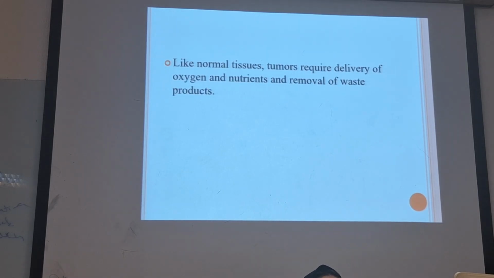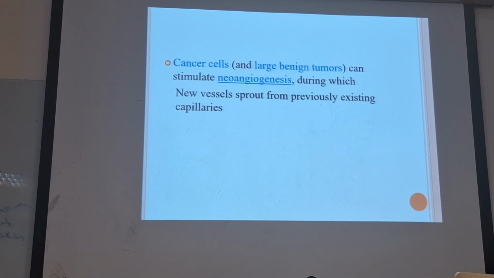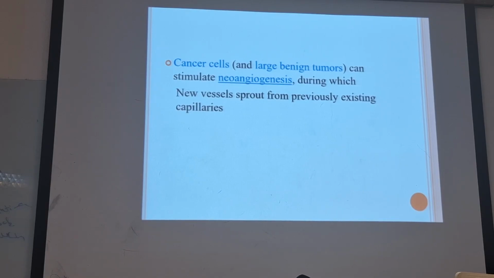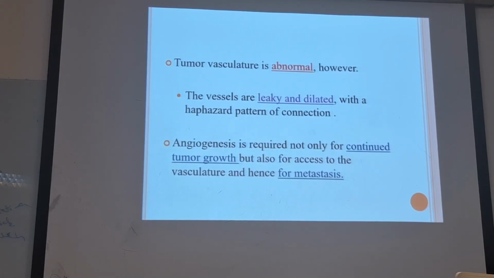Like normal tissue, tumors require delivery of oxygen and nutrients and removal of waste products. Cancer cells and also large benign tumors can stimulate neoangiogenesis, during which new vessels spring from previously existing capillaries.